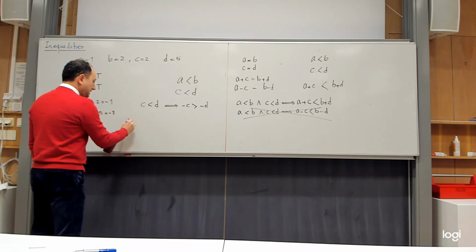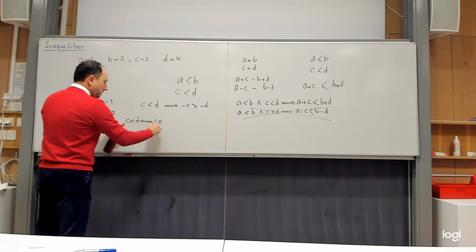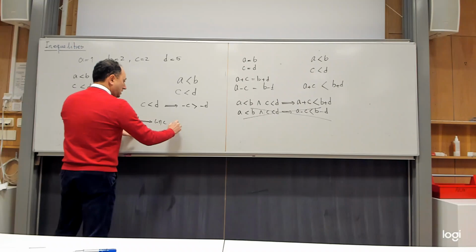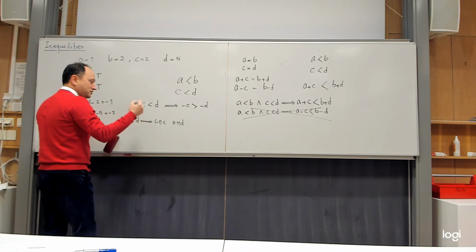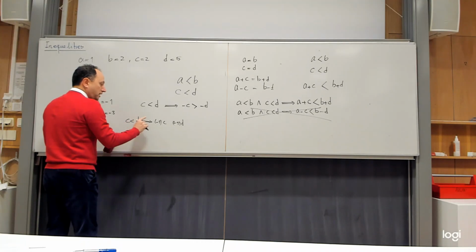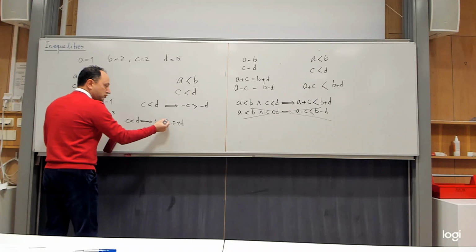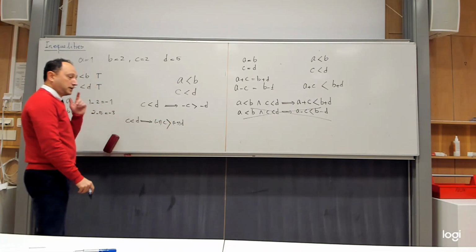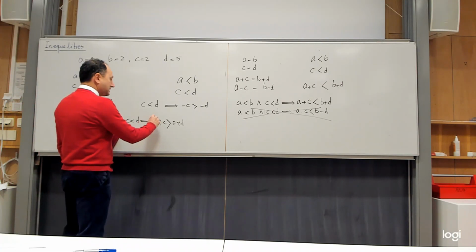You see, C is less than D. I multiply this side by minus 1. I multiply this side by minus 1, but this is the only lesson that you learn today, which is very important. If you multiply both sides of an inequality by a negative number, you have to respect that you are changing the sign. Yes? But minus 1 times C has a better name.